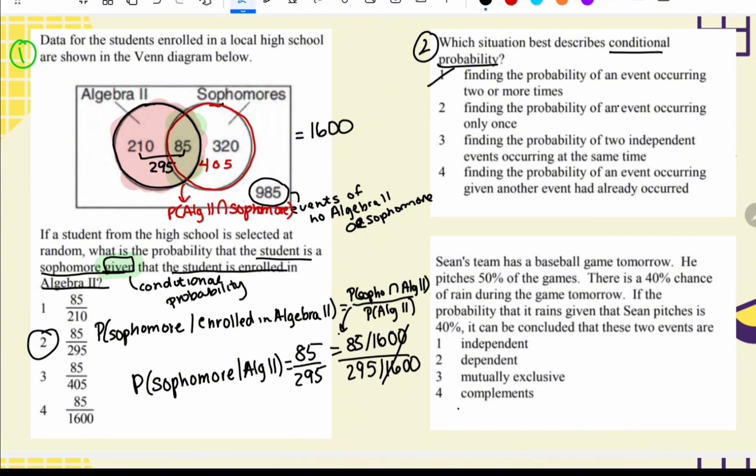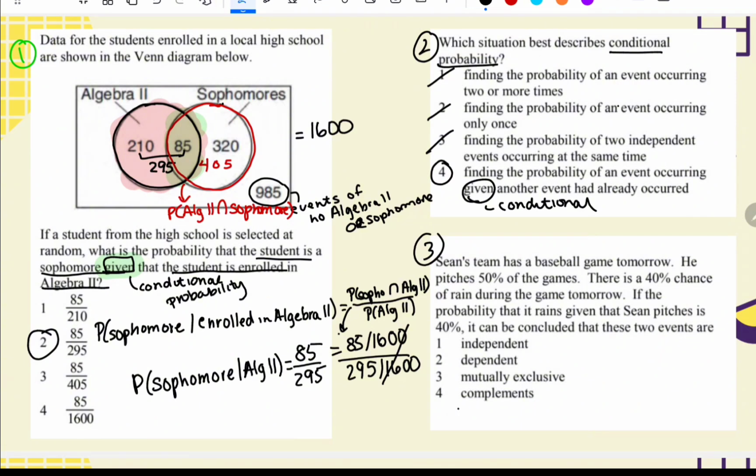Finding the probability of an event occurring only once. No, not conditional. Finding the probability of 2 independent events occurring at the same time. Nope, not conditional. 4. Finding the probability of an event occurring given another event has already occurred. Conditional probability. Keyword. If you ever get stuck, keyword given. This will hint that it's conditional.